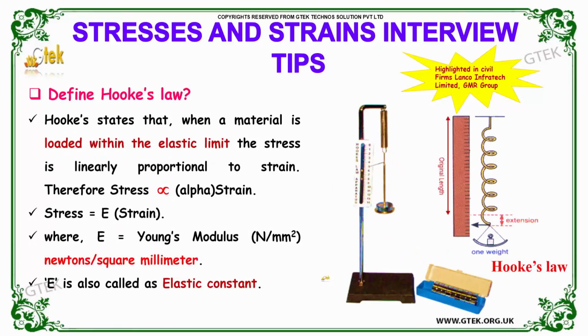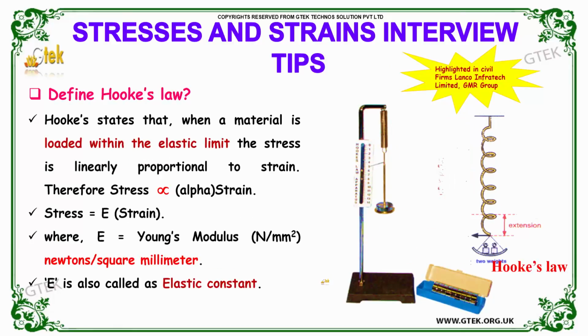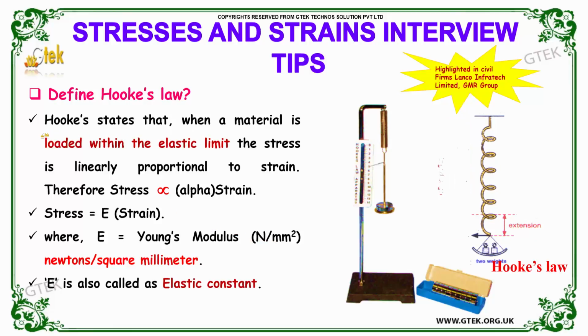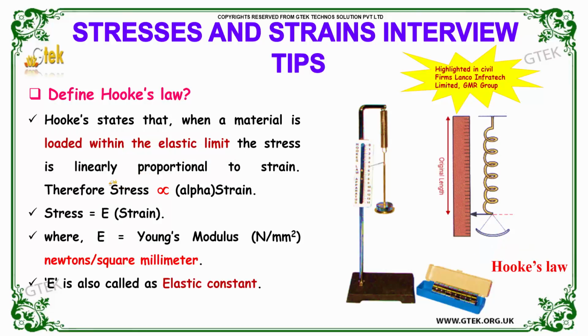Moving on to our next question, we have: define Hooke's law. Hooke states that when a material is loaded within the elastic limit, the stress is linearly proportional to the strain that produces it.